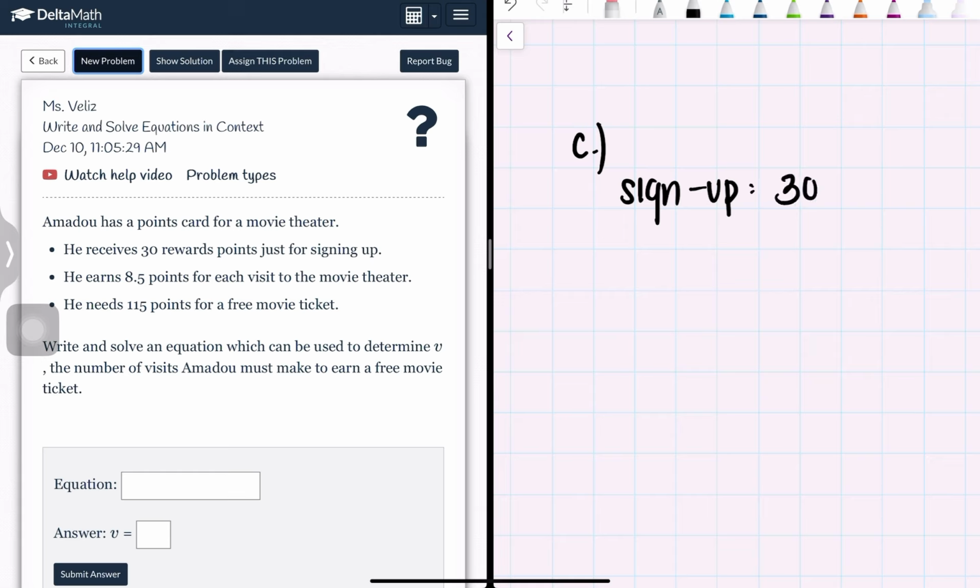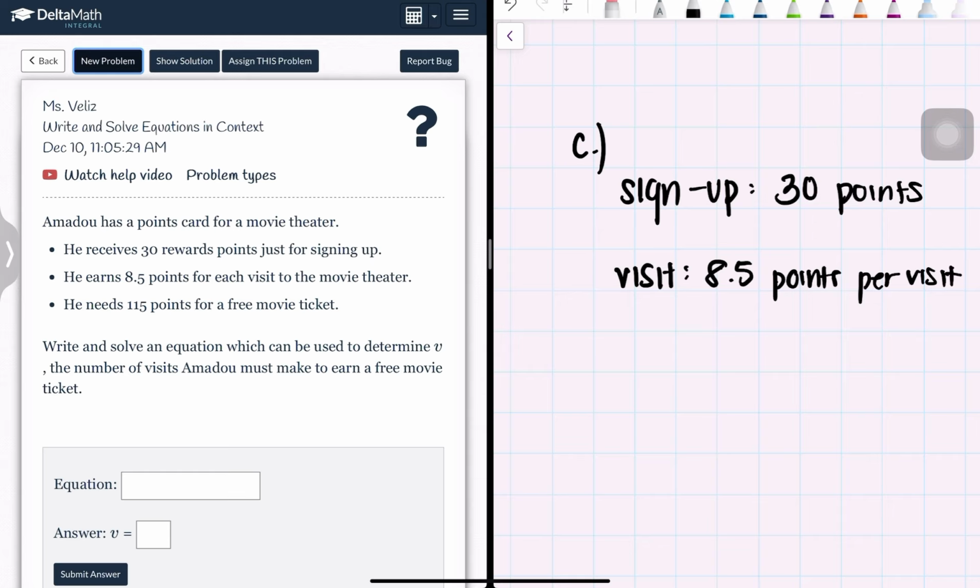is 30 points. So regardless, guys, if you decide to go to the movies 20 times, or if you decide to go 0 times, you're still going to have 30 points on your card. That's not going to change because you signed up, you automatically have 30. Now, each time you visit, you get 8.5 points per visit.